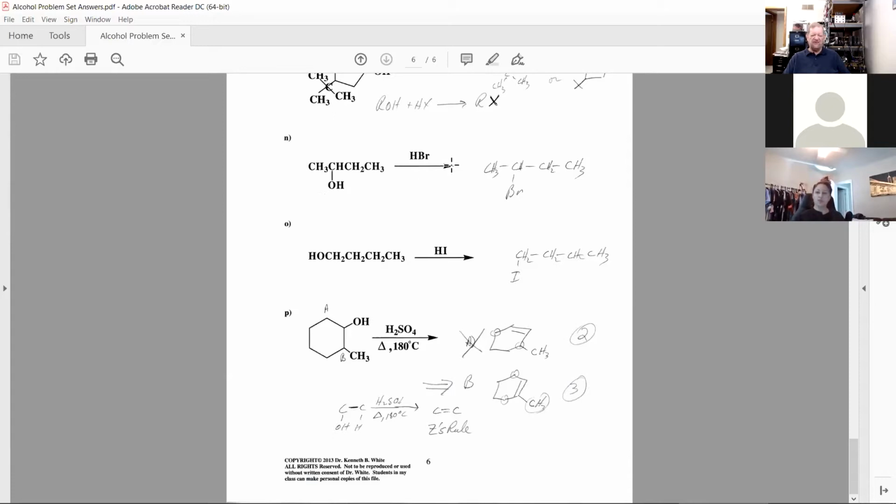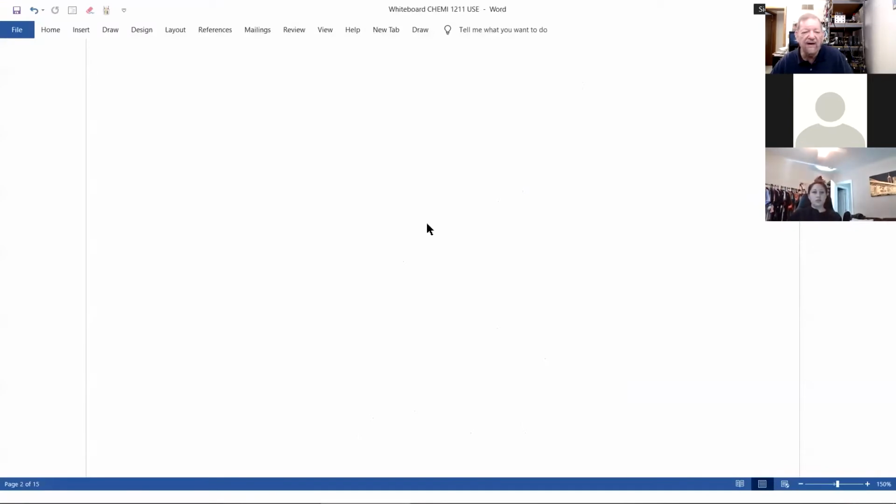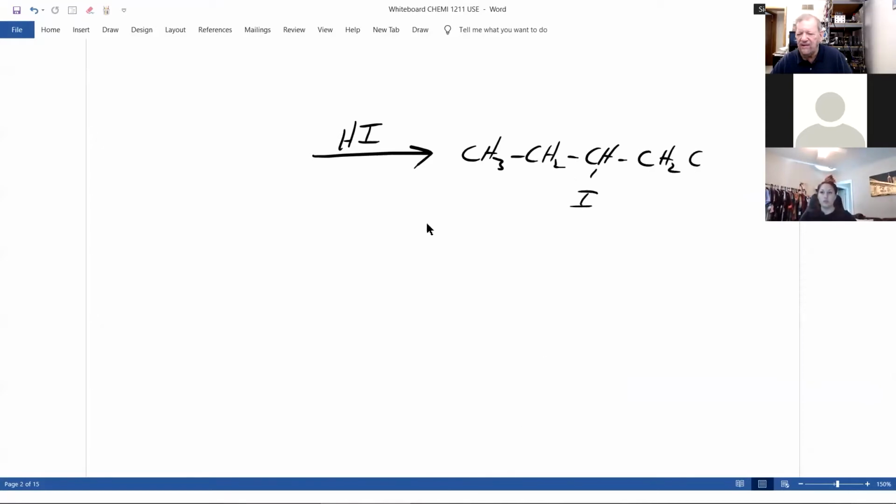You replace the hydroxyl group with the halogen on the carbon with the hydroxyl group. And what would you react with HI to make that molecule? Your turn, 3 points each.